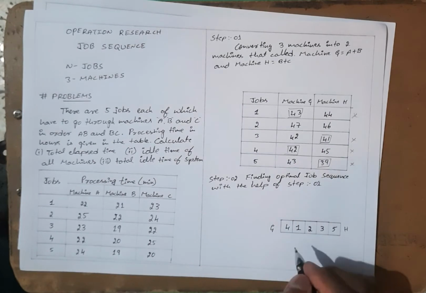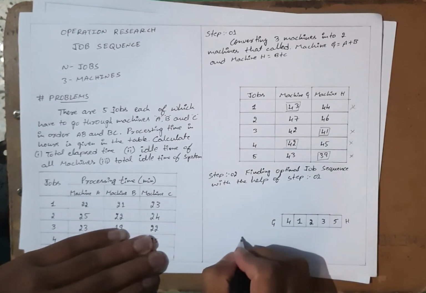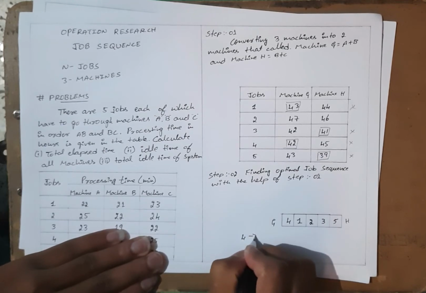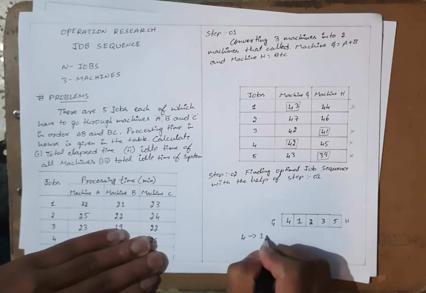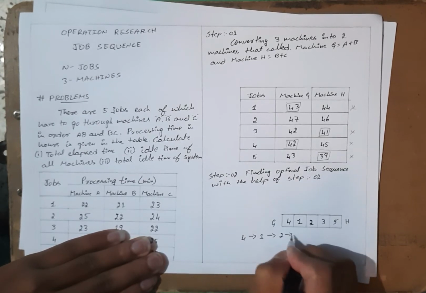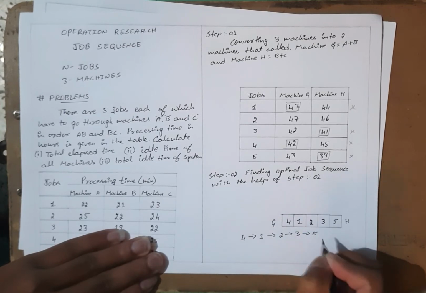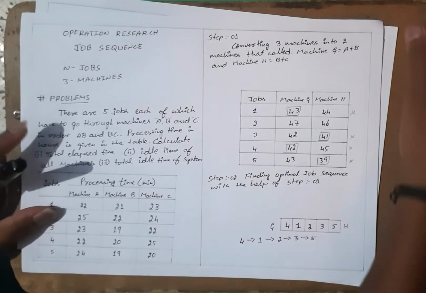So we got the optimal job sequence: 4, 1, 2, 3 and 5.